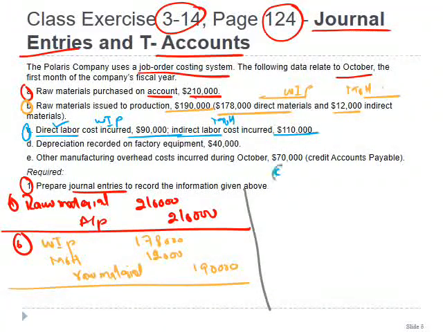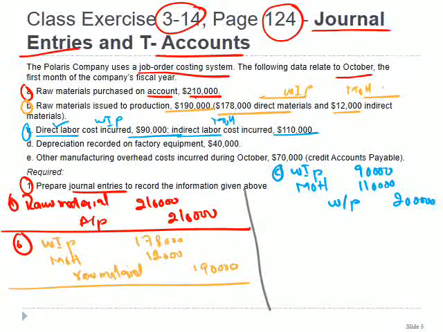So here we're going to record it. Work in process 90,000, manufacturing overhead 110,000, to wages payable, that is the total would be 200,000.